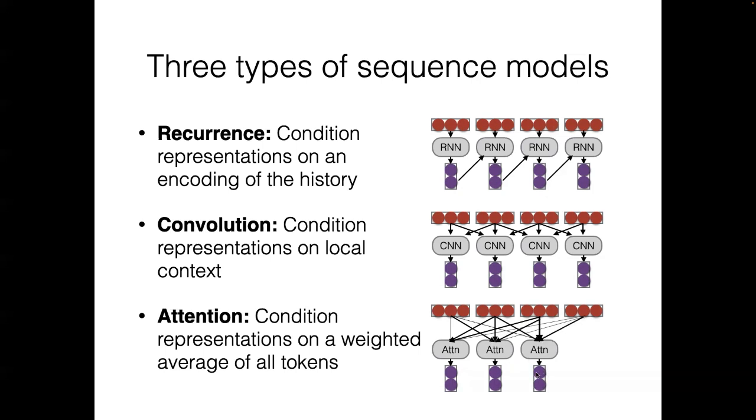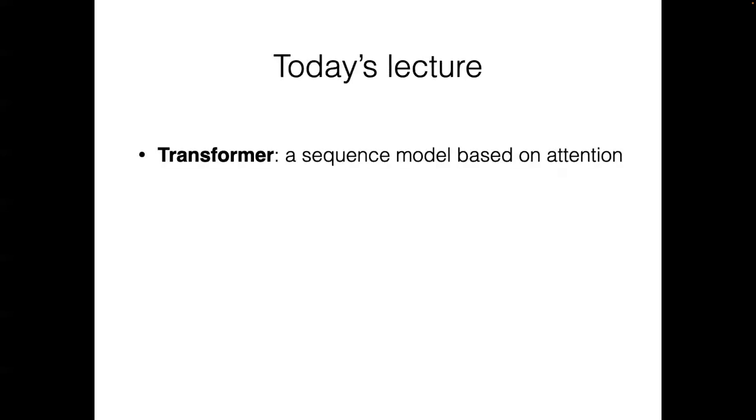And then in doing so, again, you can come up with some vector for each position. So conceptually, this is the kind of key idea of what's going on. And so the transformer is a sequence model that's based on attention.